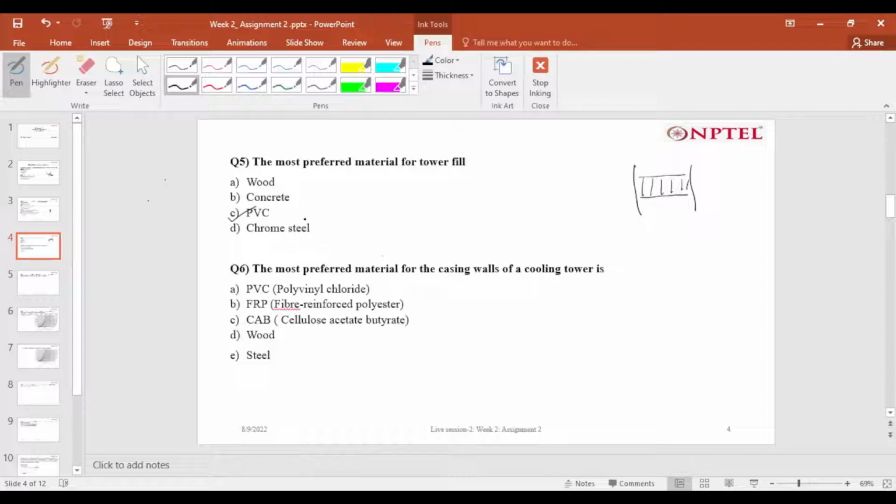Question 6: the most preferred material for the casing walls of a cooling tower is... The casing wall is this part, enclosing the fill materials. So which type of material is preferred for the casing walls of cooling towers? Anybody try? You can answer this one.